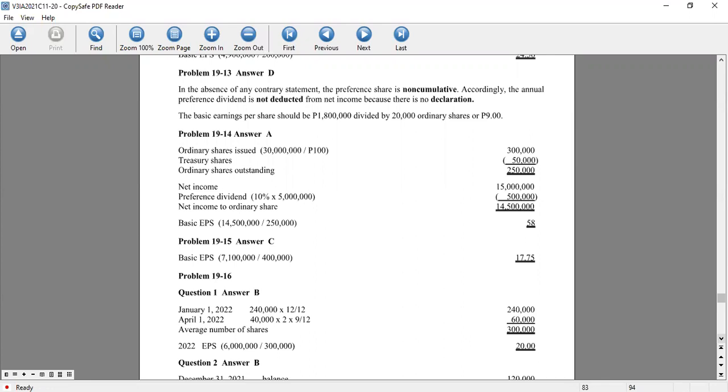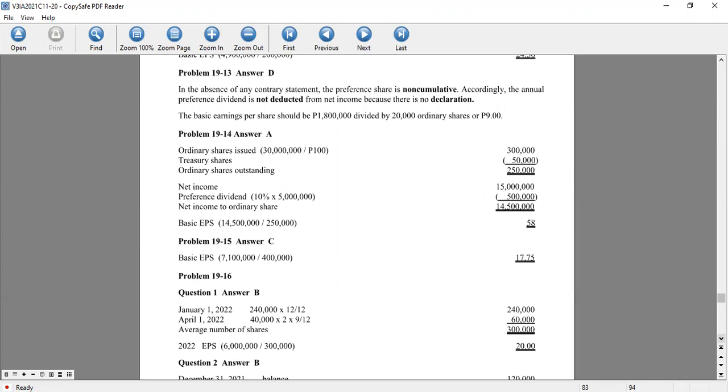So we have 5 million times 10% is 500,000. Net income to ordinary share is 14.5 million. And net income divided by the number of ordinary shares, so the basic EPS is 58 for number 14.